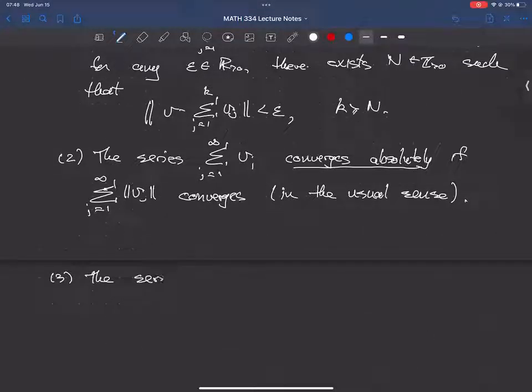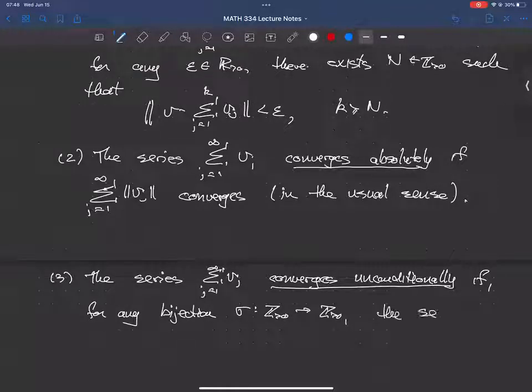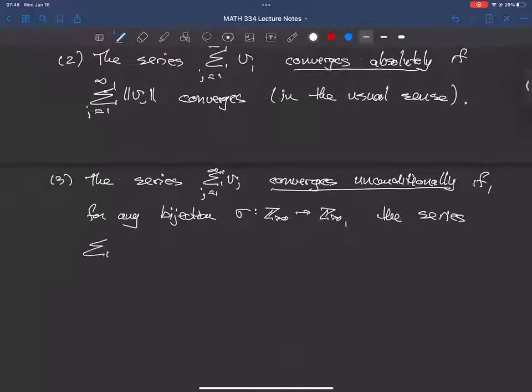All right, the series converges unconditionally if for any bijection sigma of the index set, which is countable in this case, the relabeled series converges.